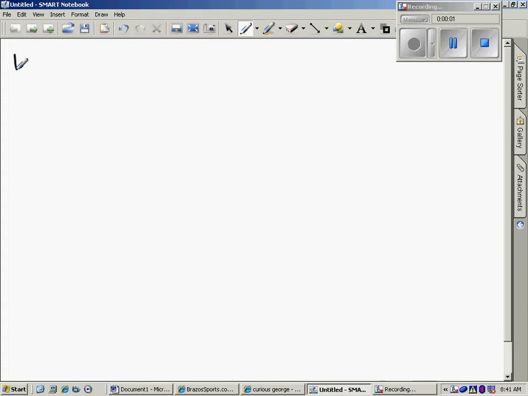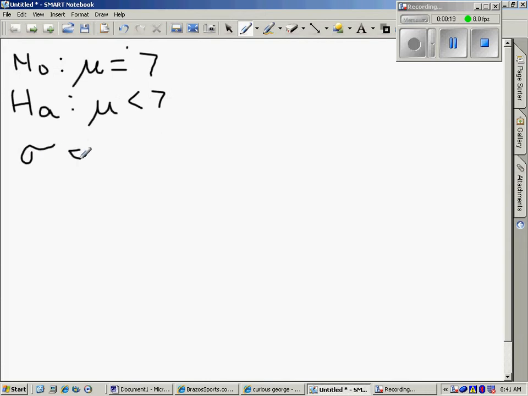Okay, so at the very beginning, hopefully they wrote down all their givens. H0: mu is 7 versus HA: mu is less than 7. Sigma is 0.5.